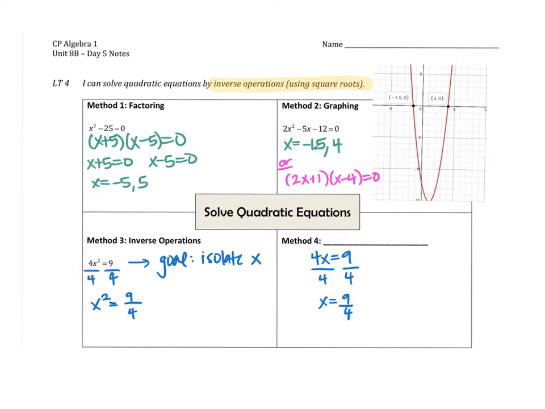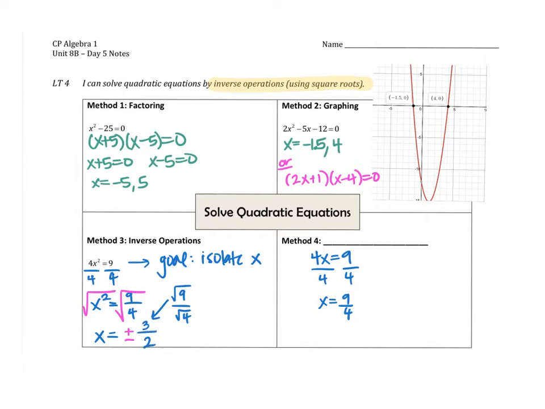What's the inverse operation of squaring something? That's taking the square root. So we're going to take the square root of both sides. So x equals, and the important piece is remembering that when we take the square root of a quadratic, we have two solutions, and we get those two solutions by adding a plus or a minus sign. We'll go more in depth than this later, but I have square root of 9 over square root of 4. Square root of 9 is 3.